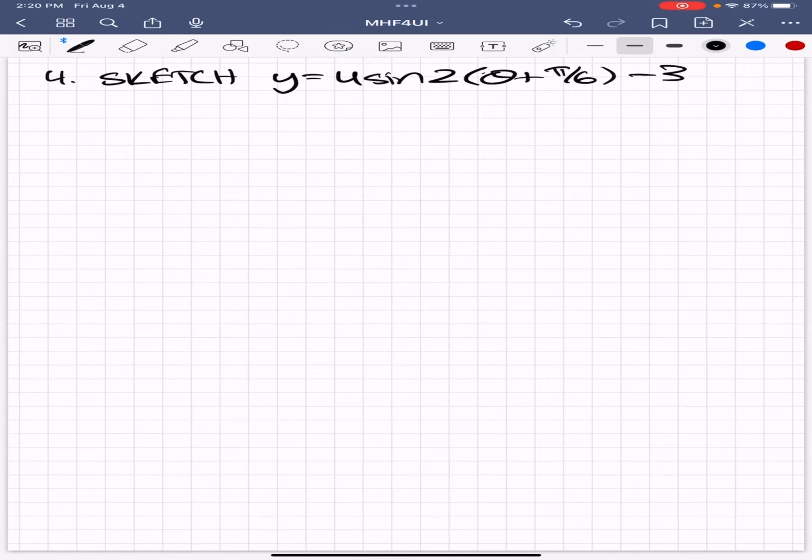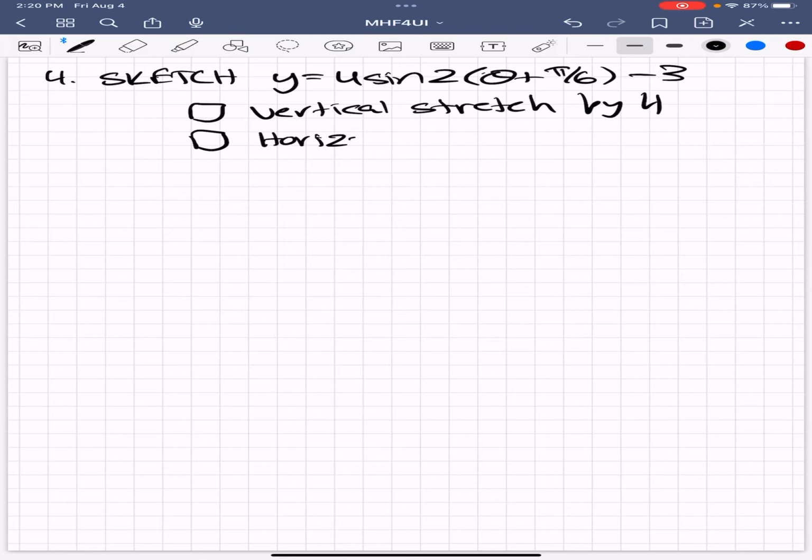Okay. We have a vertical stretch by 4, because A is vertical stretch or compression or reflection in the x-axis. So we have a vertical stretch by 4. We have K, which is 2. And remember, we're using the reciprocal, so it's actually a horizontal compression of a half. I'm just going to write the word comp.